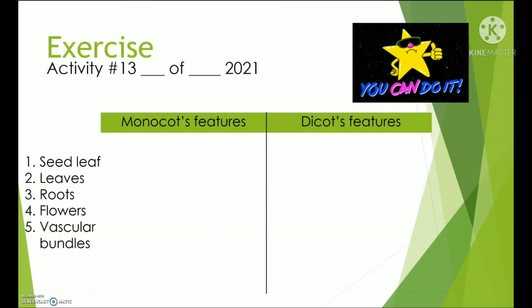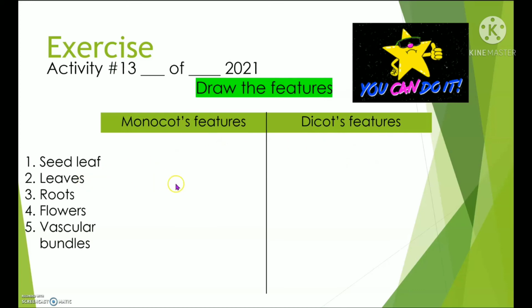Now, let's do our exercise for this activity. Get your paper or your notebook and write as follows. Don't forget to write your name. For our activity, the direction is to draw the features of monocot and dicot. First, draw the seed leaf of monocot and dicot.